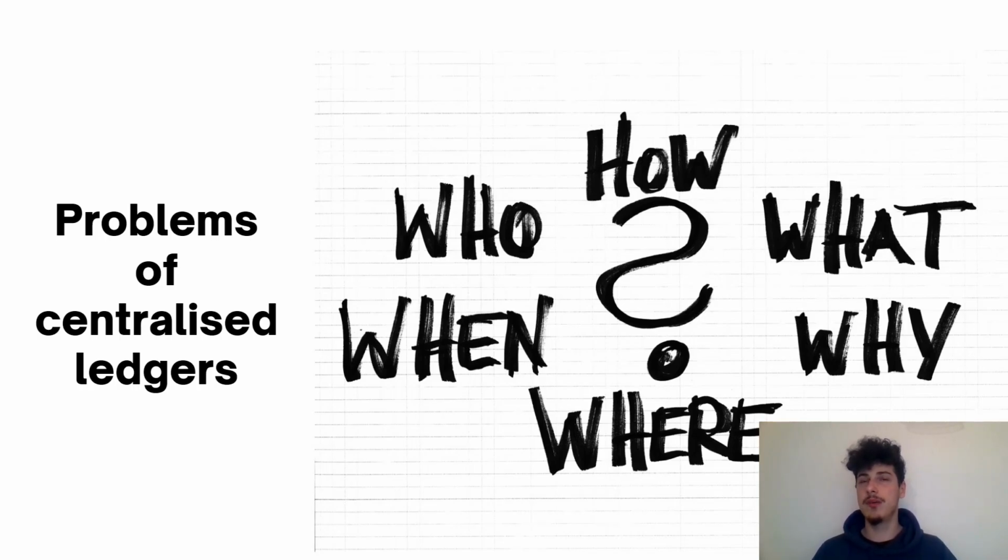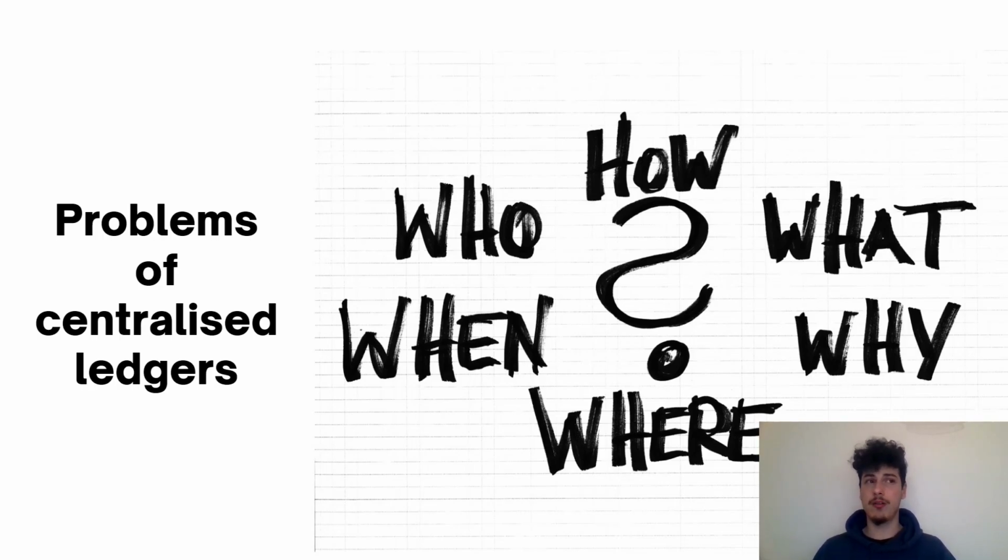But in any of these cases, no matter how big the scale is, there can always be a central point of failure in which the network can be corrupted or manipulated with harmful intentions. Because the power is in the hands of one single entity, one single organization, one single person, there's always the risk of a point of failure.